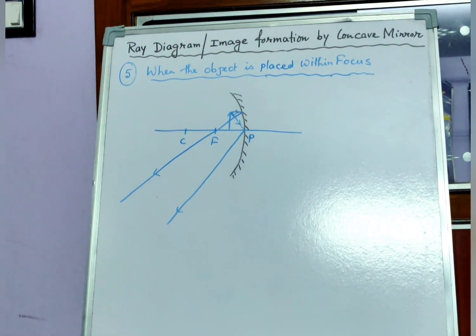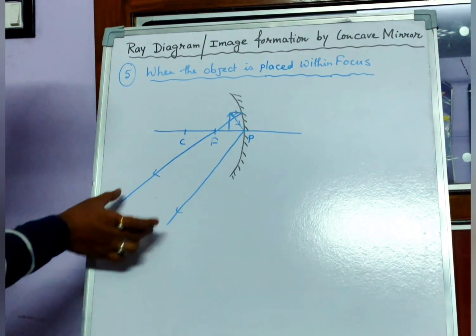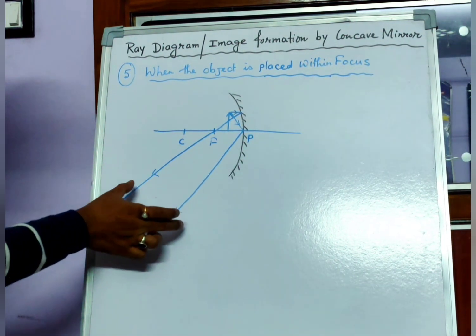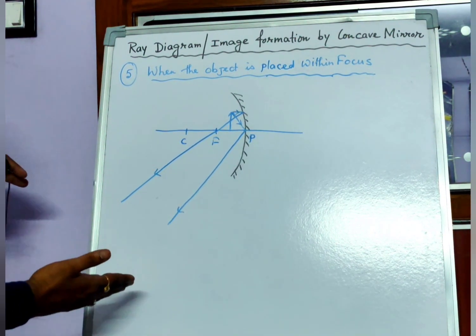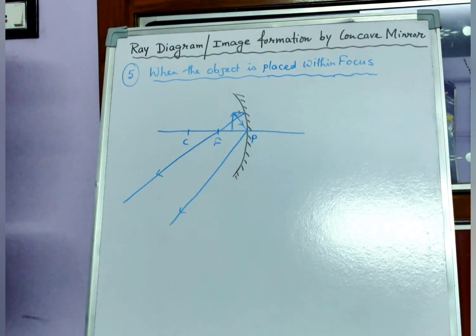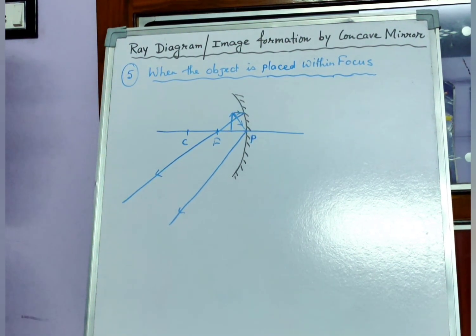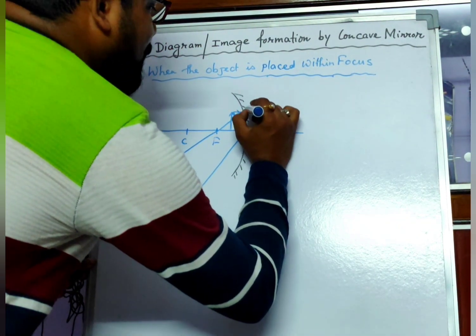Now you can see that in the last case, when the object was placed at focus, the reflected rays were parallel, but they are not parallel in this case. Here the gap is continuously increasing. That means if we extend the rays, the gap between the two reflected rays will increase. So they will never meet in front of the mirror. How will they meet then? They will meet only when we extend the rays backward.